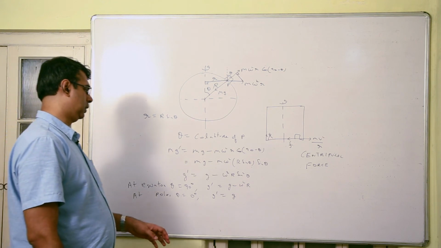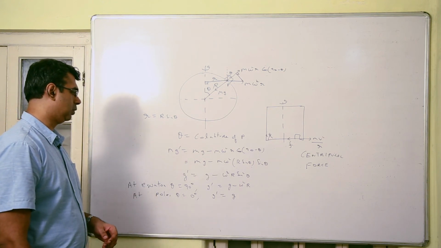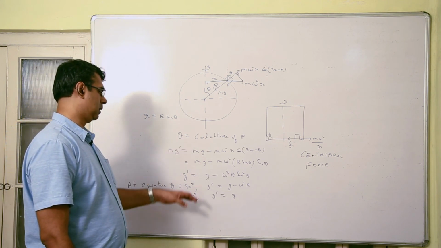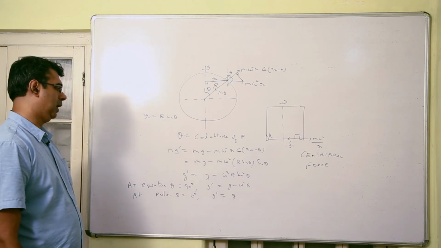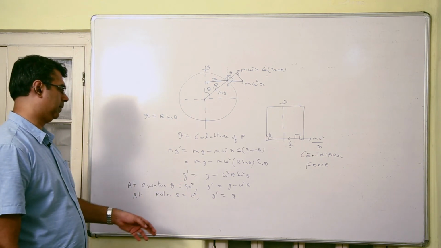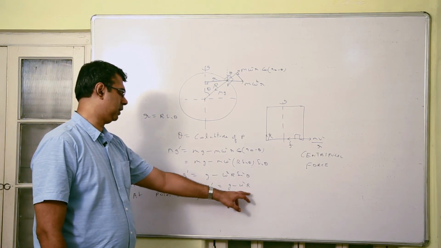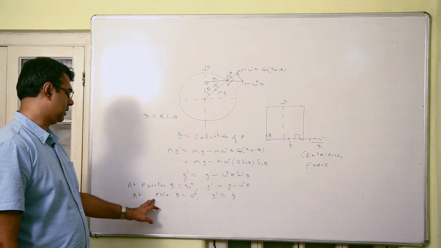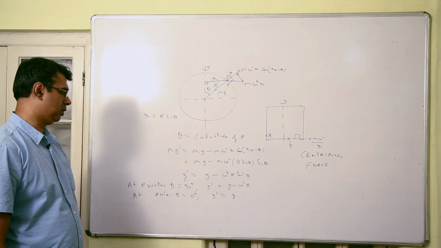So you know this is a very famous result, that acceleration due to gravity is minimum at the equator and maximum at the poles. And now you can see why that is happening, because at the equator acceleration due to gravity is g minus omega square R, whereas at the poles acceleration due to gravity is g dash equal to g.